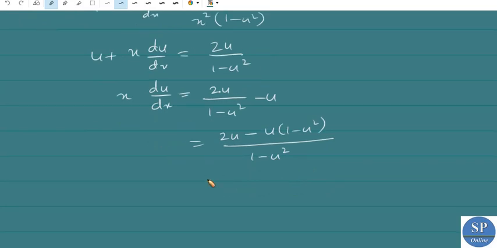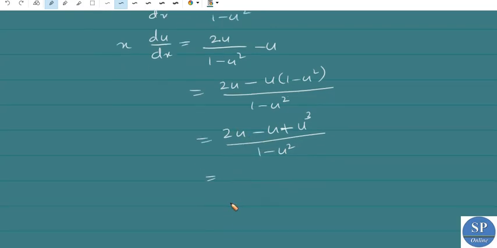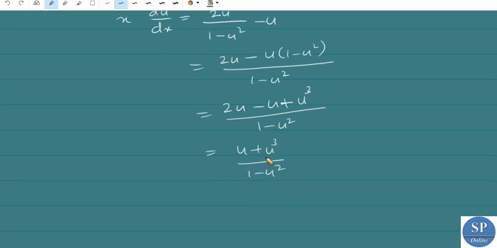So this is equal to 2u minus u plus u cube divided by 1 minus u square, which is u plus u cube divided by 1 minus u square. So this is x into du by dx.